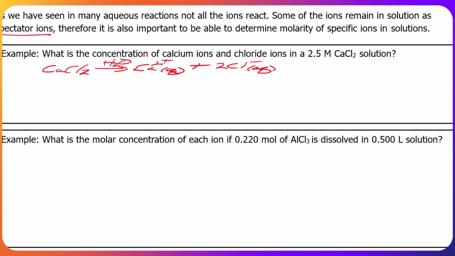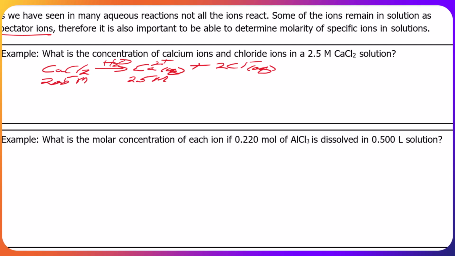So if the concentration in moles per liter of calcium chloride is 2.5 molar, then your concentration of calcium ions is also 2.5 molar.